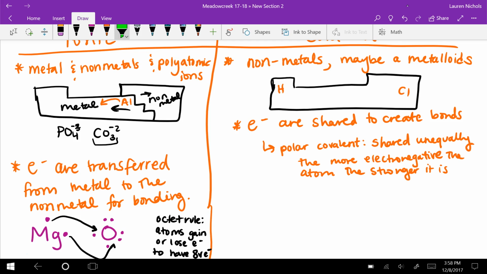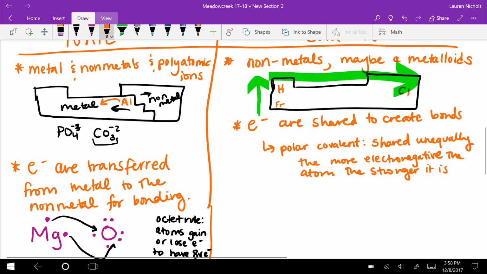And the way the trends work is as you go up the periodic table, you are more electronegative. So hydrogen is going to be more electronegative than, let's say, francium, which is down at the bottom. However, if we're looking side to side, it's going to increase as you go across the periodic table. So therefore, chlorine would be more electronegative than hydrogen.